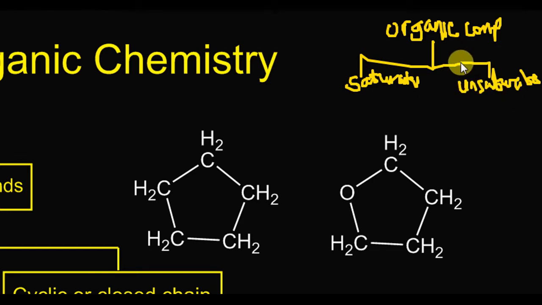Per the type of bond the organic compound contains, we can say that an organic compound is saturated if it only has single bonds. But if it is unsaturated, then it has a double or a triple bond.